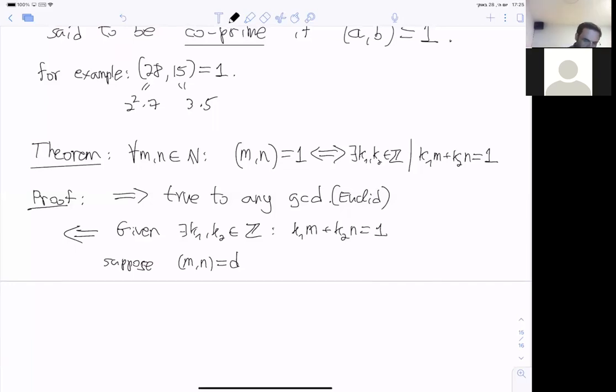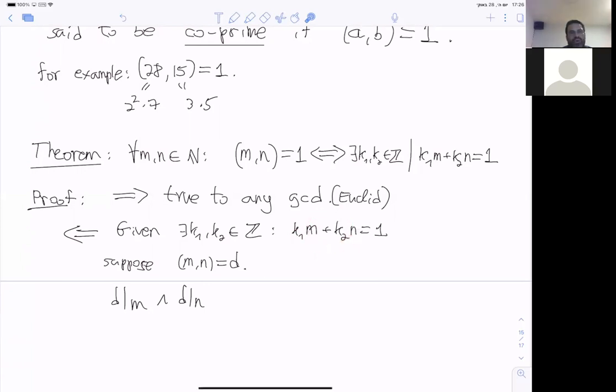But we know that D divides M by definition. And we also know that D divides N by definition. So it must divide also the integral combination, this one.